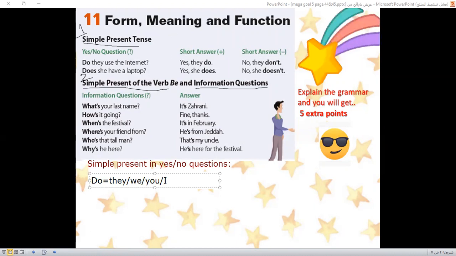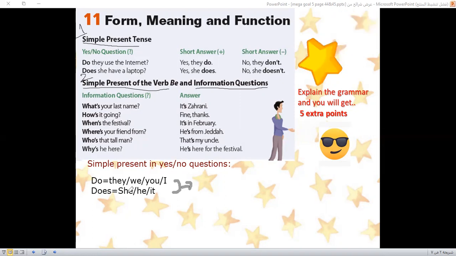And if I want to use does, it would be with she, he, and it. Both of them share one thing. If I start the question, do they, and then the verb. Does she, and then the verb. The verb, how is it going to be here? Verb with S, verb with ed, or verb with ing? What kind of verb, Thalith?